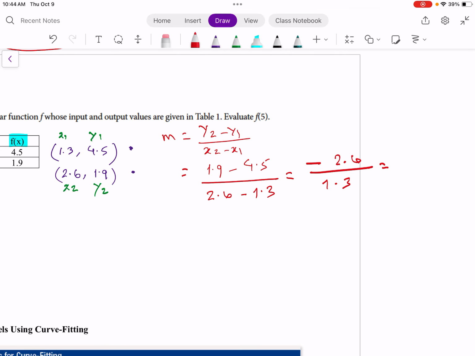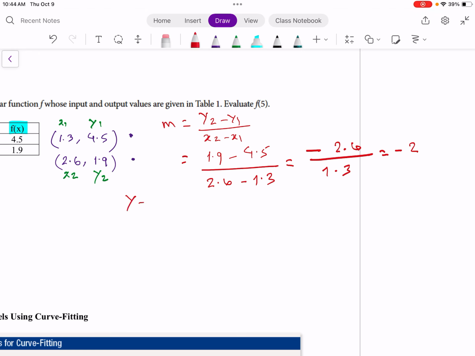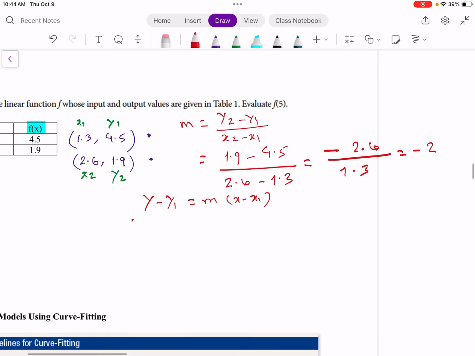Now let's use the point slope form. y minus y1 equals m times x minus x1. We have y. Okay, now here, what is our y? In this very specific example, what is y? y is the output.